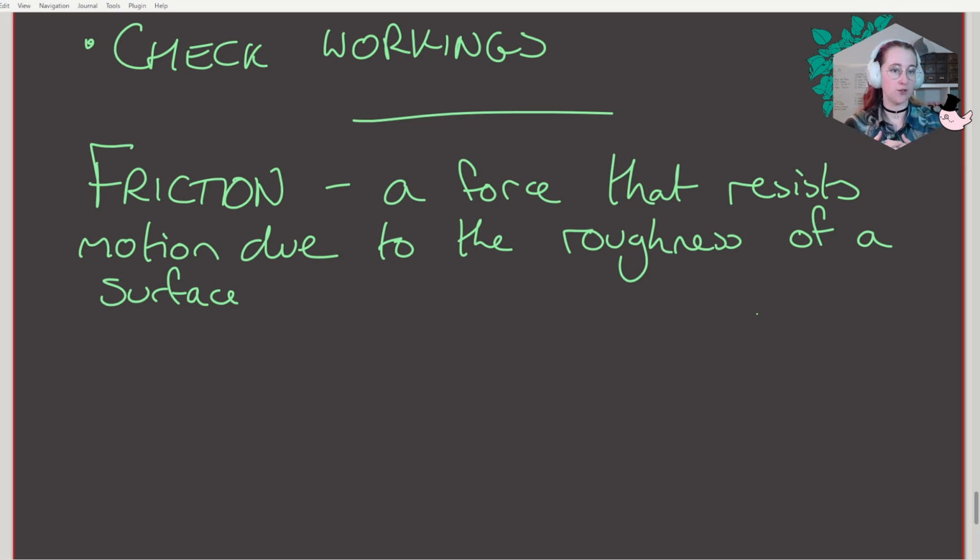In contrast, if you're doing something like table hockey, air hockey, you want basically no friction because you want the puck to glide really quickly over the surface. You want basically as minimal resistance as possible.